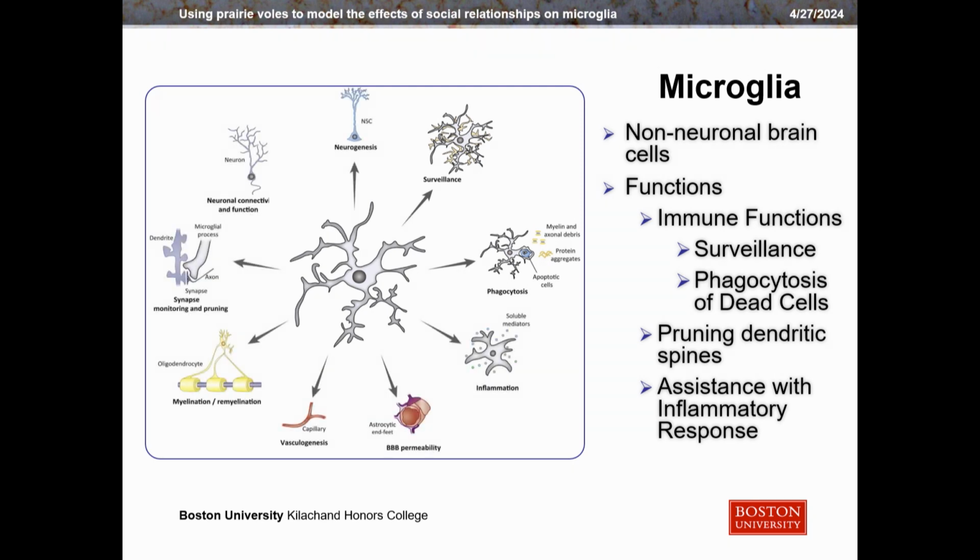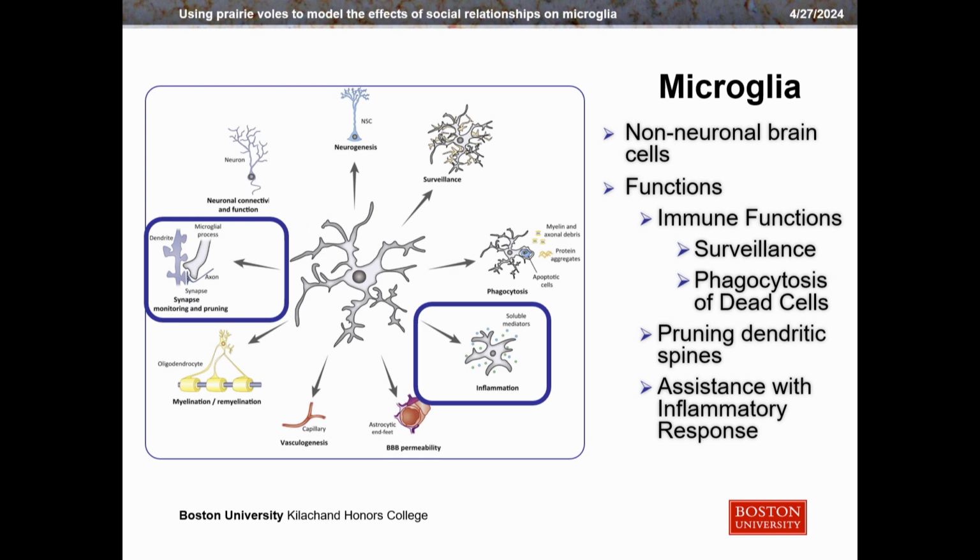And they serve all of these other functions that you can see on this diagram, which, while very important to the functioning of a healthy organism, are not super essential to my project. So the two I want to highlight are synapse monitoring and pruning, and inflammation. When we talk about a synapse in the context of my project, that means the connection between two neurons.